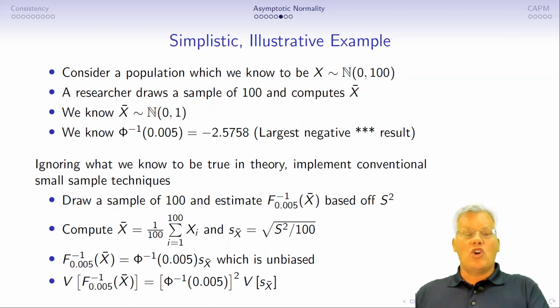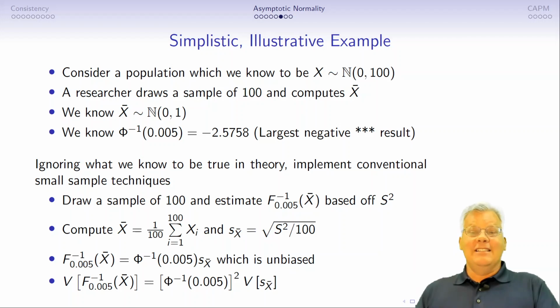So suppose I draw a sample of 100 and estimate what that largest negative three-star result would be based off the sample variance, right? We know in theory that if the x's are distributed normally, mean 0, variance 100, s squared should be 1.